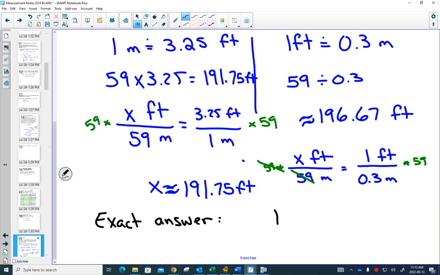We have that 1 inch is 2.54 centimeters, and we have that 1 yard is equal to 91.44 centimeters. Can you see that either way, you only have centimeters?